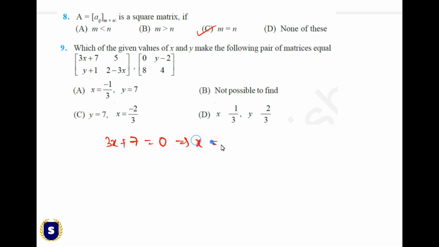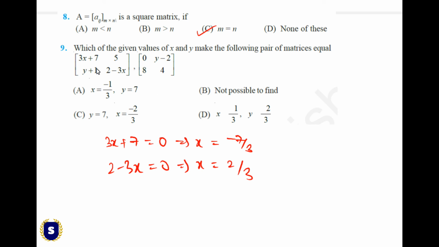This implies x is equal to minus 7 by 3. And if we use A22, that is 2 minus 3x is equal to 0, this implies x is equal to 2 by 3. So we have got two different values of x. That means it is not possible.